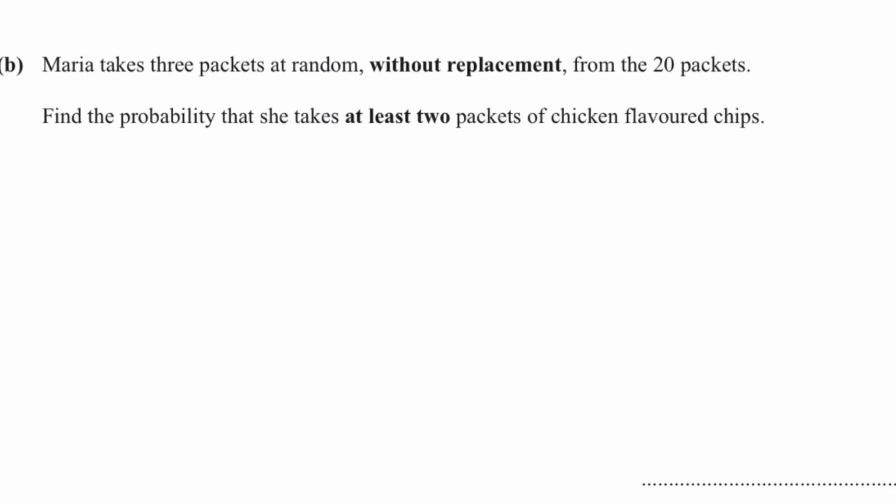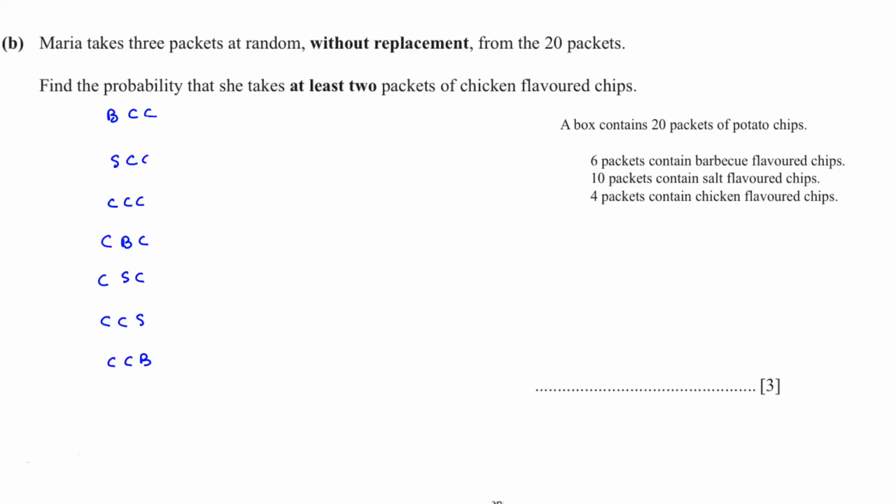Part B. Maria takes 3 packets at random without replacement from the 20 packets. Find the probability that she takes at least 2 packets of chicken flavored chips. These are the probabilities that you will get. Barbecue multiplied by chicken, because we want at least 2 packets of chicken. It means it can be more than 2, but the minimum is 2.